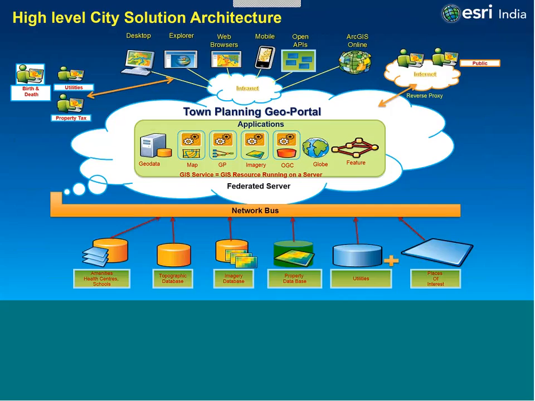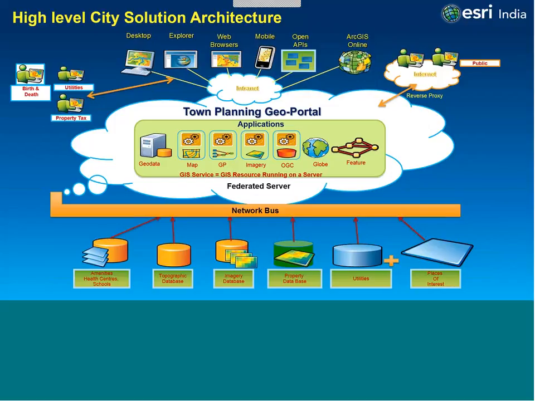Typically, this is a high-level solution architecture in which this ArcGIS platform integrated with CityEngine can be implemented. It provides a complete framework for integrating data from various sources and sensors without conversions, without any delays.